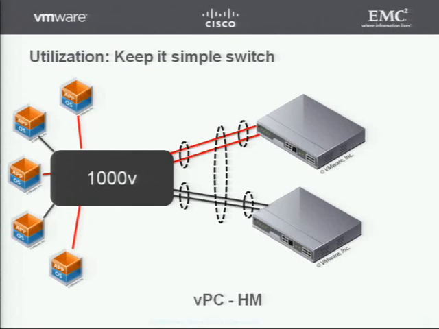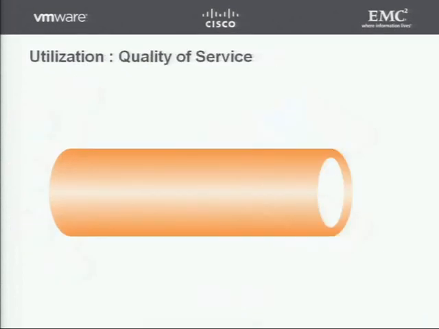So I can do that TCP port based, but inside that big one I've got two paths. The benefit to this is, what do I not have to have? Clustered switches. But I still get the benefit of having multiple links inside of a set that I can load balance across. This is the most powerful one, but it's also definitely the most difficult to set up. So you want to be able to judge whether you need it or not.